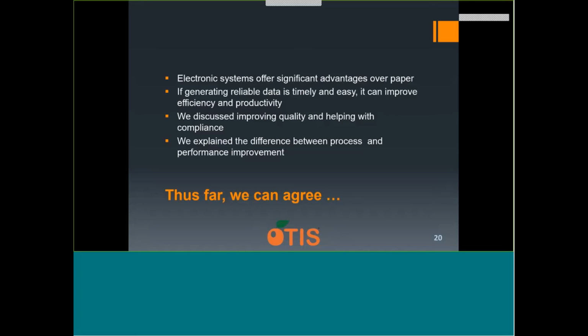If you're generating reliable data, it's timely and easy, it can improve efficiency and productivity because you'll see those trends more quickly, you'll make any changes you need, and you'll become more productive. And we discussed improving quality and helping with compliance with our regulators and accreditation agencies. We explained the difference between process and performance improvement, and I think that's important that we keep that in mind.